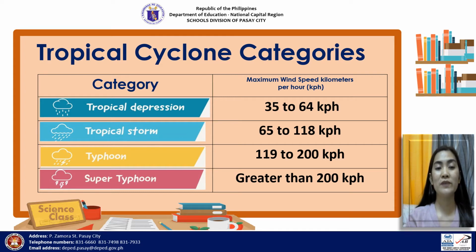Third category, we have what we call typhoon, having a maximum wind speed of 119 to 200 km per hour. The last one, we have what we call the super typhoon. Its wind speed is greater than 200 km per hour. Did you know, class, that in the Philippines, we use the same word for all categories of tropical storm, and that is bagyo.